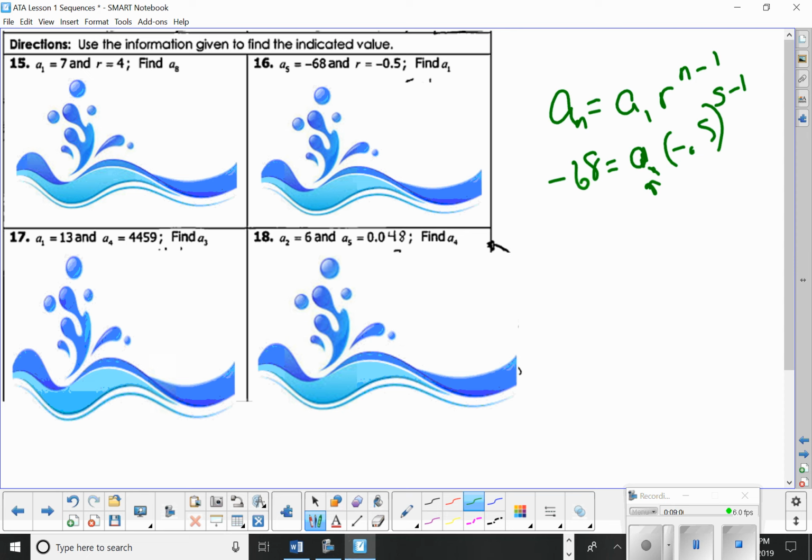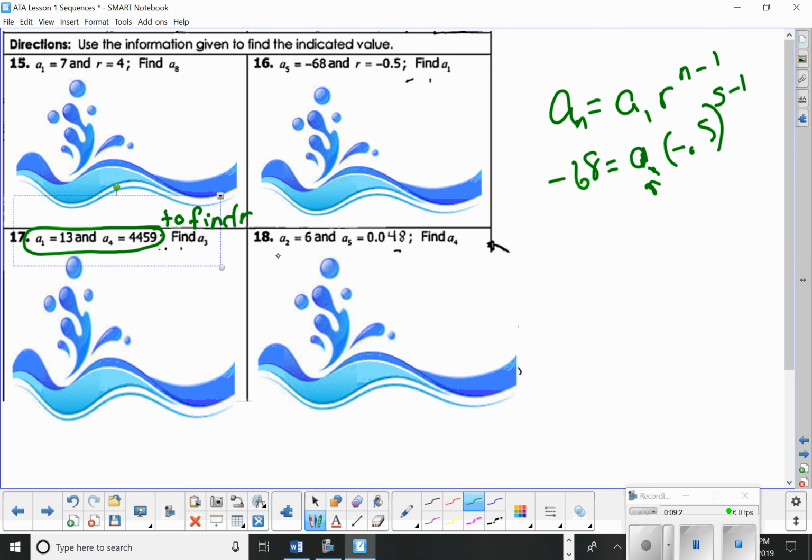Now over here, a sub 1 and a sub 4, use these to find r. Once you have r, find a sub 3. Same thing here, a sub 2.